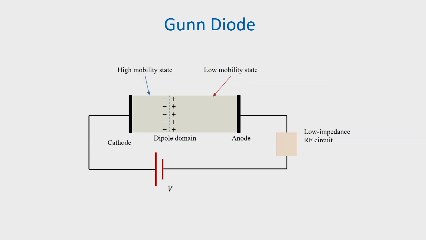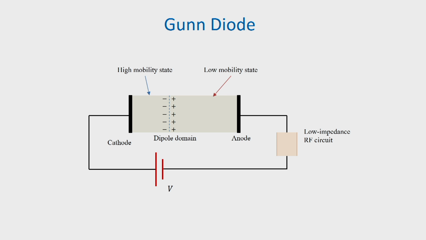So, a Gunn device is biased in such a way that the field inside the device exceeds the threshold voltage.